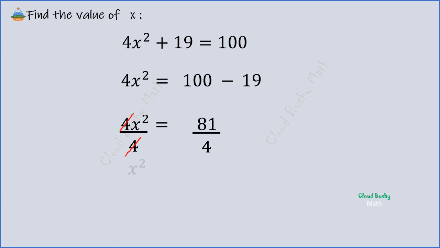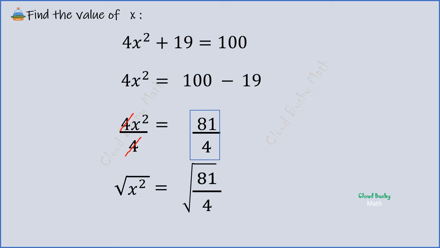Now we have x squared is equal to 81 over 4. Now 4 cannot divide into 81 without leaving a remainder. But the good news is that both 81 and 4 are perfect squares. So let's proceed to find the square roots on both sides of the equation. On the left-hand side, the square root cancels the square, so we remain with x.